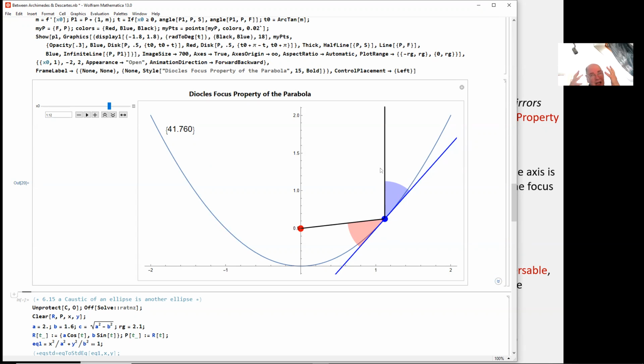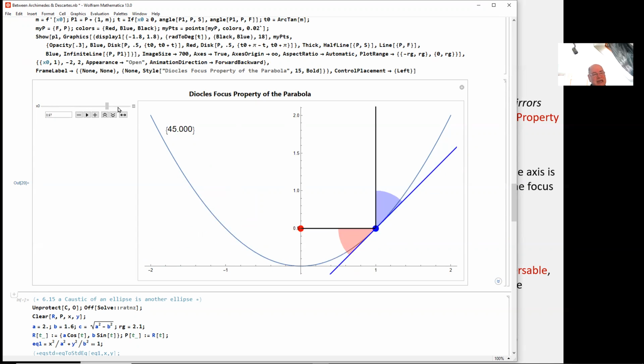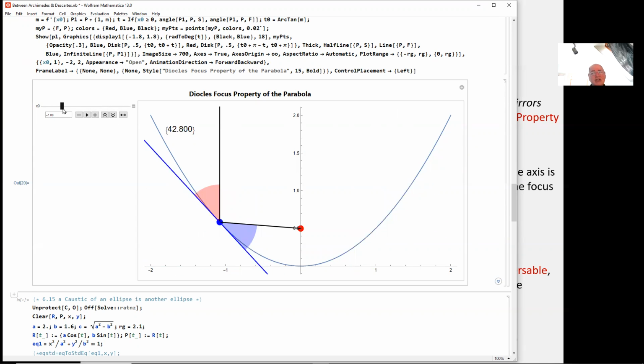So what does the light think it's hitting? The light is behaving as if it is hitting a straight line. What straight line? The tangent line. And so this proof of Diocles, this behavior of light, is a wonderful example of what Newton is talking about, that the tangent line is exactly the proxy for any curved line at an interval very close around the tangent point.